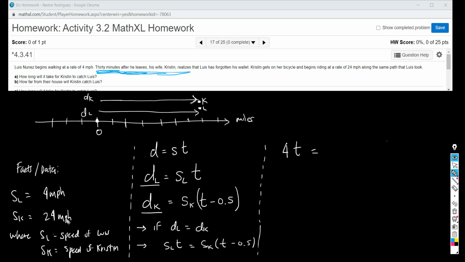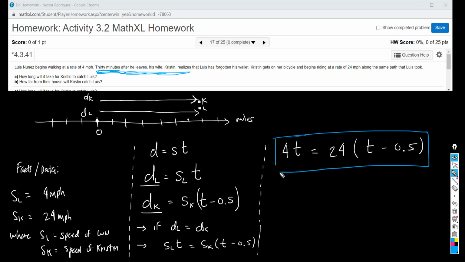And then sk, which is 24 miles per hour, or just 24 mathematically, times t minus 0.5. And there you have it, guys. This is the equation. I look at it and I go, okay, this is a linear equation with one variable, which is t. I solve it and I'm done.